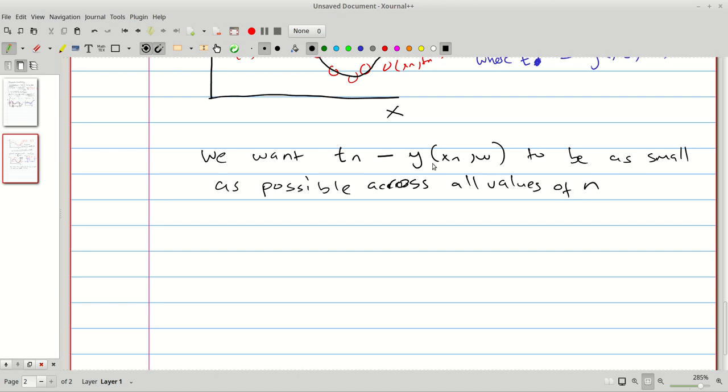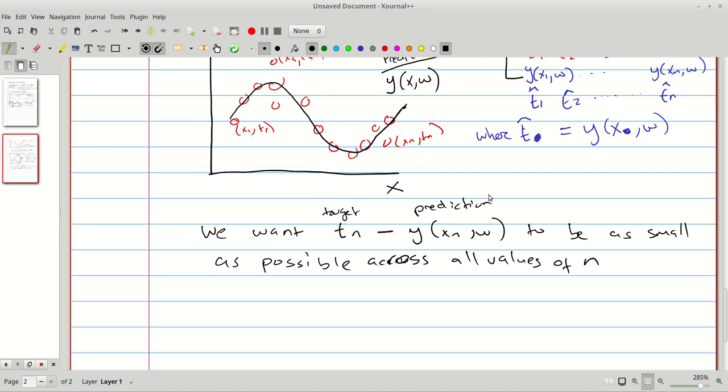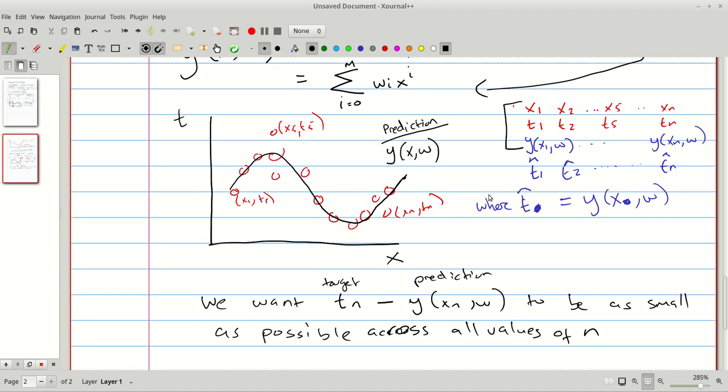So for all values of n, where n is the data points, we want the difference between the target and the predicted. This is what we call the target, and this is our prediction. We want them to be as small as possible, the difference between our target and our prediction. How do we ensure that these two things are as small as possible? This is the question that we have.